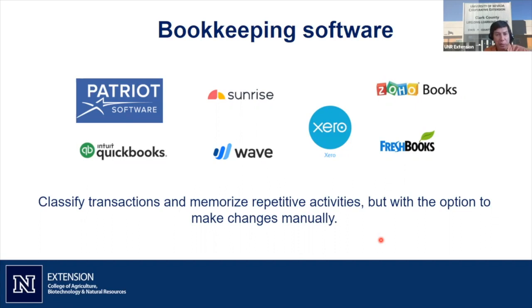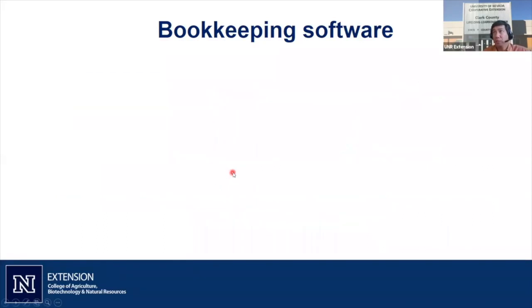I don't believe that we should start with explaining the software. I believe that we should start explaining what happens behind the scenes of the software, of the bookkeeping process, why we do it, what's the purpose, what's the flow, okay? So you can better understand which software is more appealing to you.